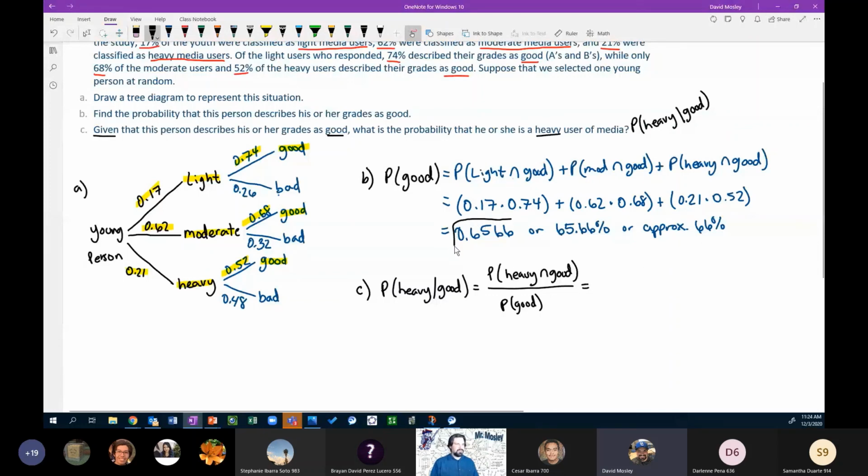We have the probability of good right here, and heavy and good is this one. So we have 0.21 times 0.52 divided by 0.6566.